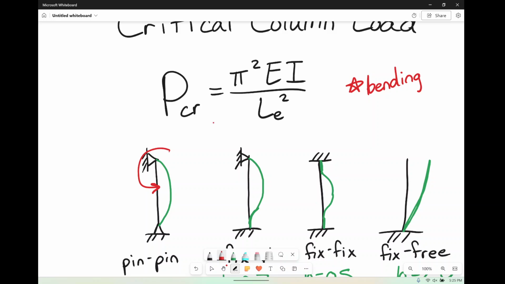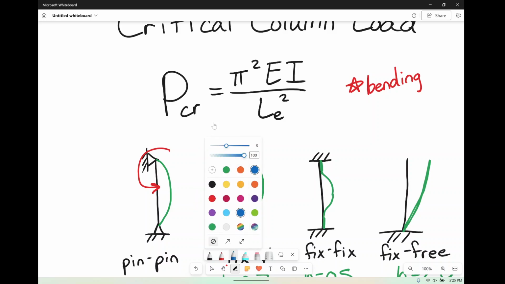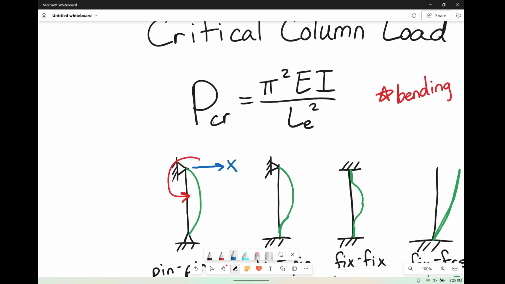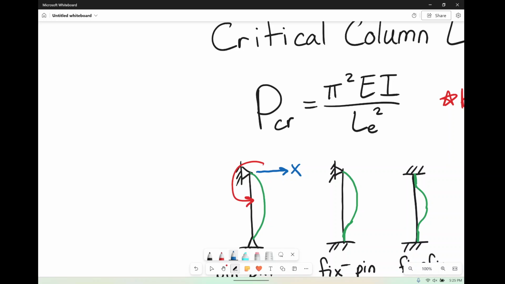So if it's going to pop out here, we'll call this the X direction. If it's popping out in the X direction, technically we're going to be bending about the Y. So kind of like when you think of your bending equation. We had M, if we said Mx, it was times y over Ix.